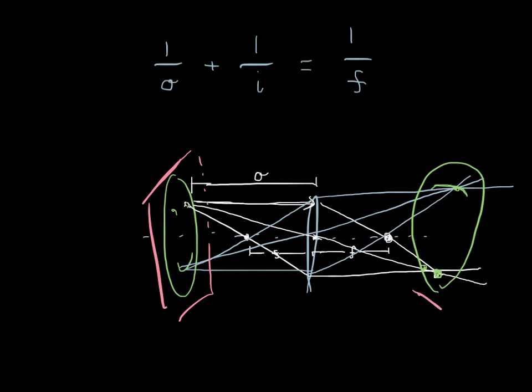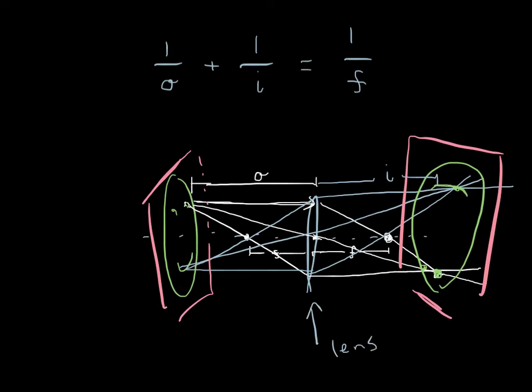And so it's been recreated inverted over here in another plane perpendicular to the lens, and that is the image distance. And so in terms of a camera, this is your lens, this is the plane of focus, and this is your image sensor.